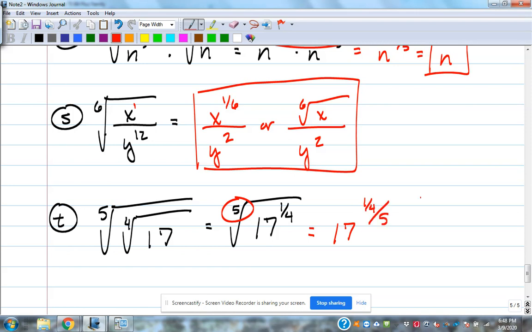And that looks bad to do it that way. But dividing by 5 is the same thing as taking that thing and raising it to the 1/5 power. And then what's the rule for these exponents? Multiply. So it'd be 1/20.